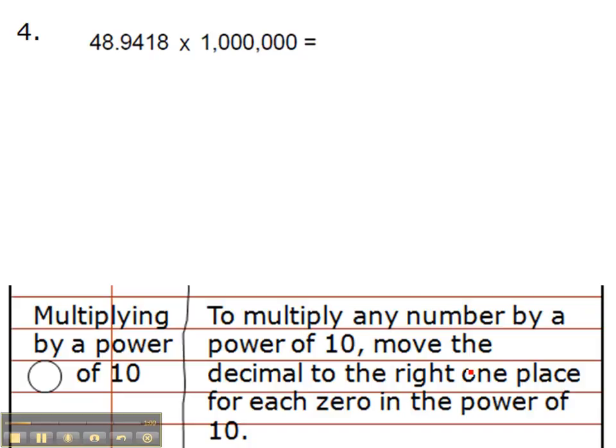Now, first of all, is 1 million a power of 10? It is actually. It's 10 to the 6th power. 10 times 10 times 10, 10 times itself 6 times. That's 100. That's 1,000.